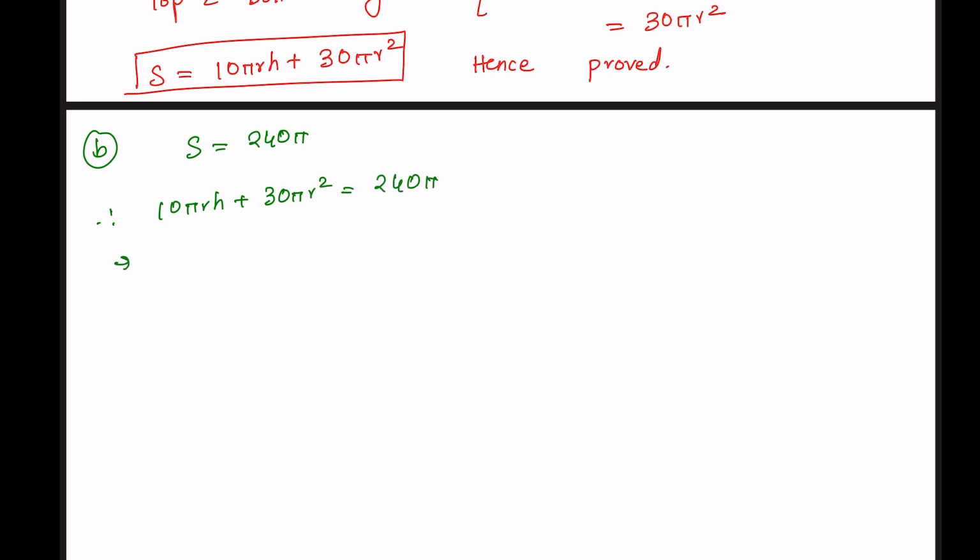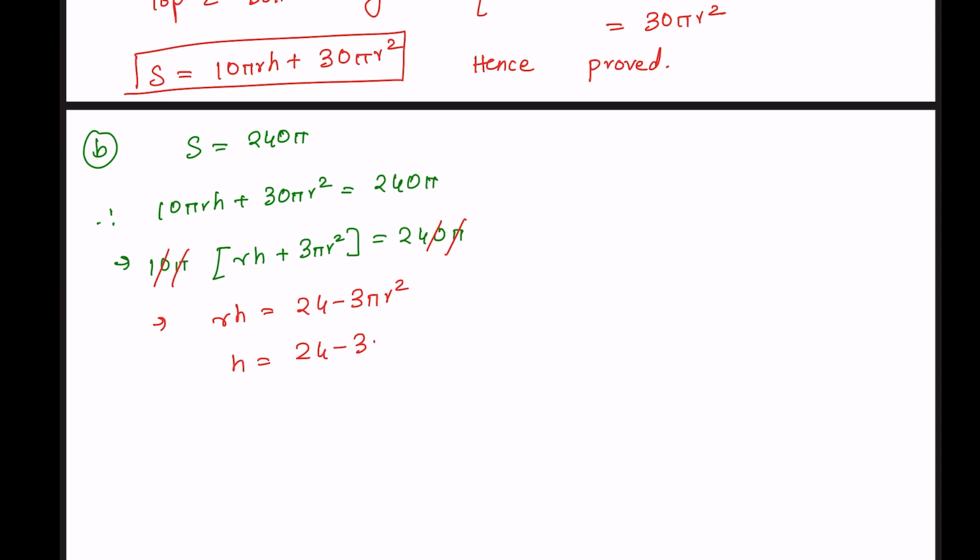Now I can take a 10 pi common. Then I can cancel out the pi on both sides and I can cancel out this 10. So rh would be equal to 24 minus 3 pi r square, and from here I'll get an expression in h.